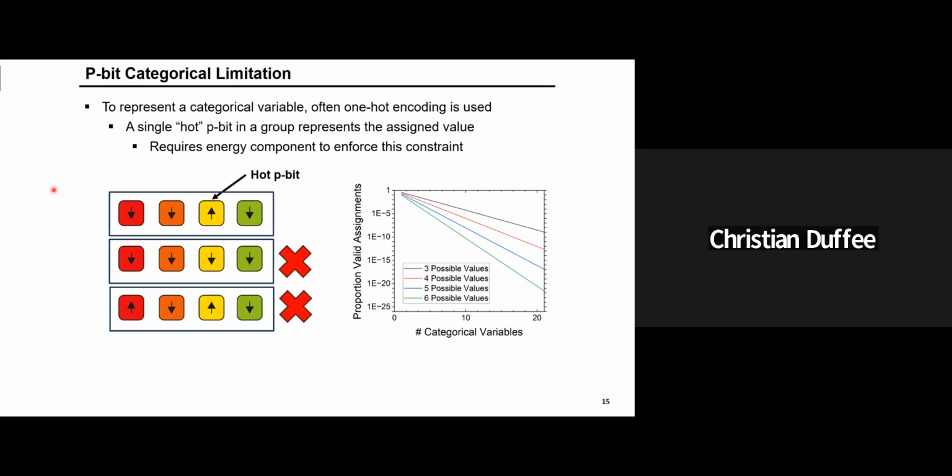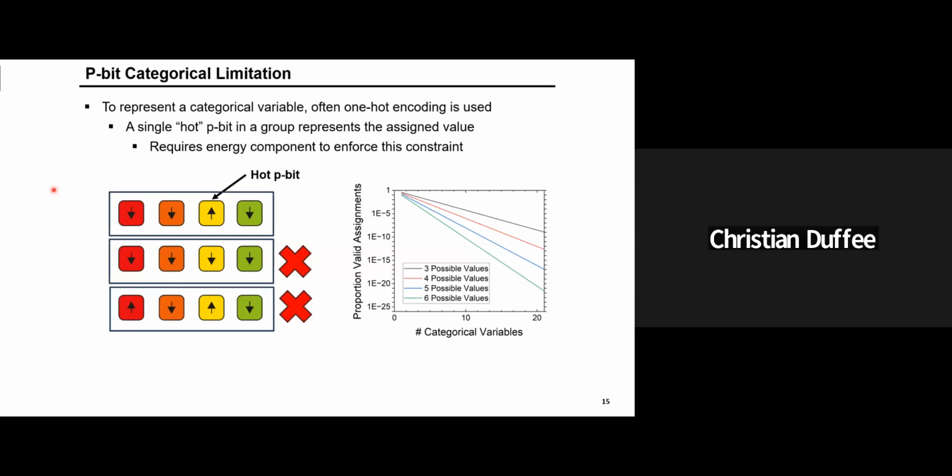And so the way this is traditionally combated is by having some sort of energy term that forces the system to have this one-hot encoding representation. And this works well to an extent. However, if you are using a probabilistic system, you have a finite thermal noise.